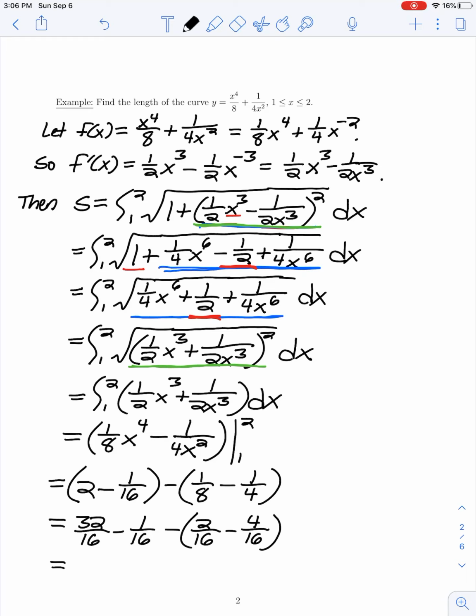So grouping our terms together, we have 32 minus 1, and then we're subtracting a negative 2, or adding 2. So altogether we're going to have 33 over 16 for the arc length of that curve between the indicated x values.